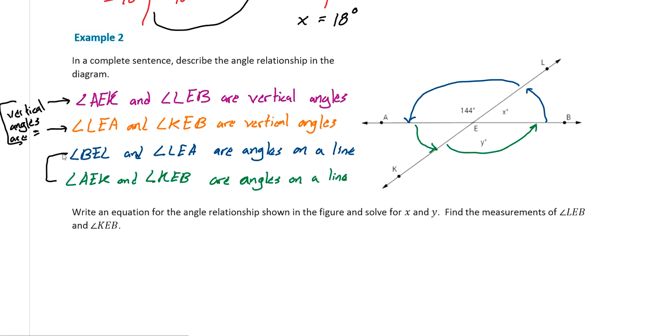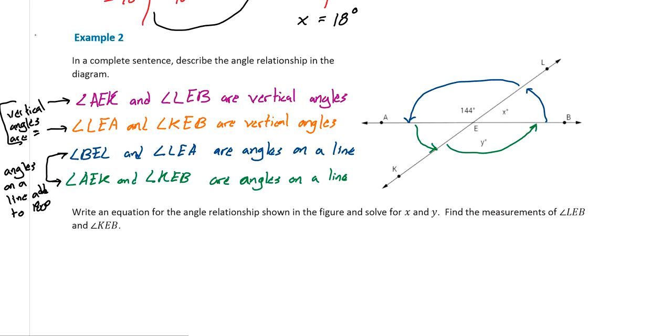And then right here, we have some angles on a line. We know angles on a line add to 180 degrees. So what are we asked to find here? We're asked to find x and y. So let's do this first.